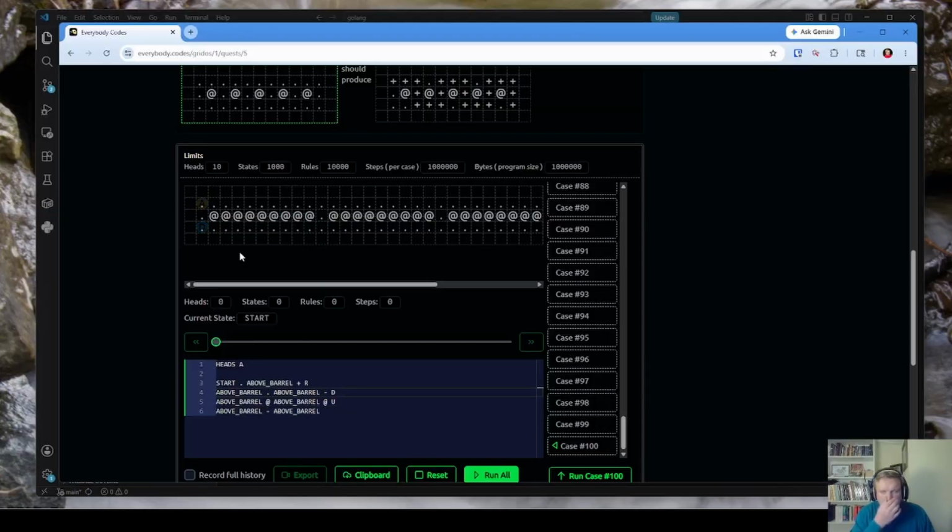Okay, so yeah, I can't use the same state.